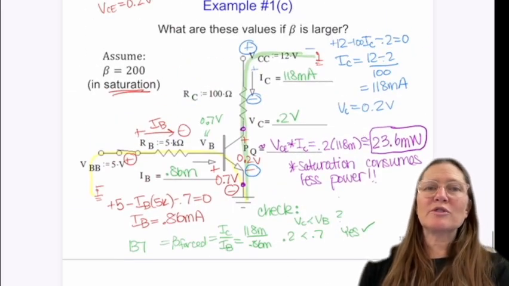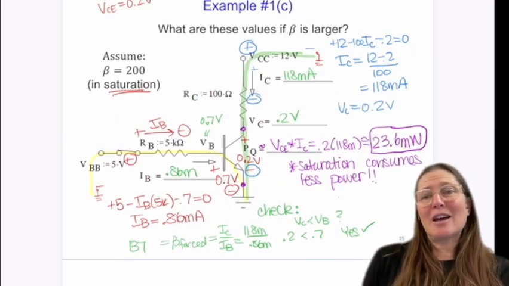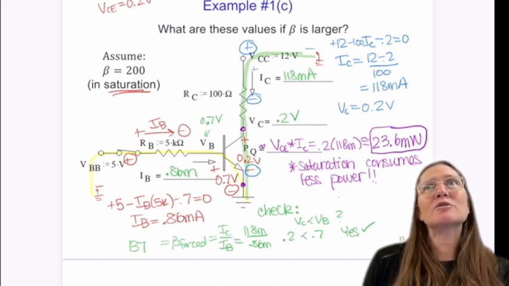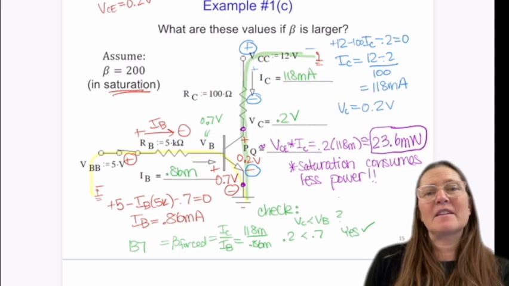Say beta is 100, thoughts on how you could make this go into saturation by changing something on here? What is going to control whether it's in saturation or not if your beta is 100? Any thoughts?